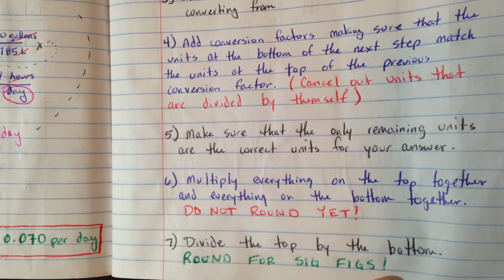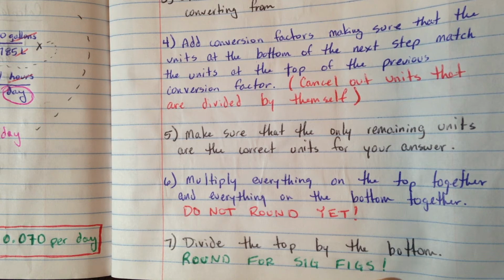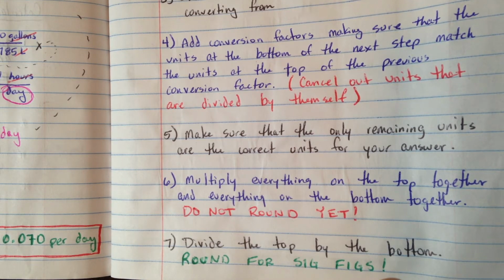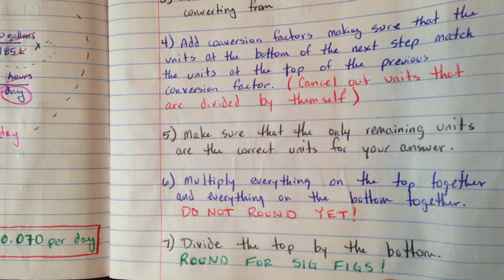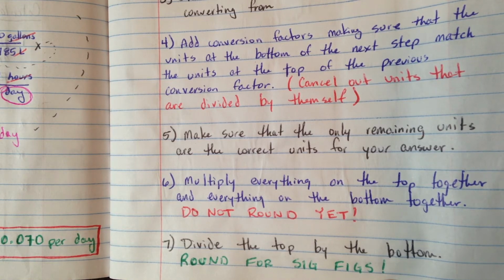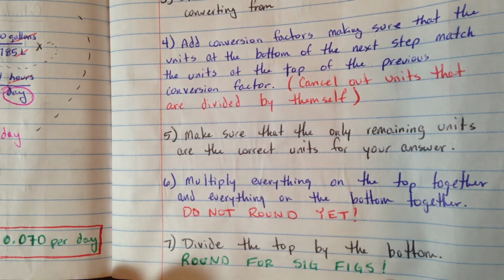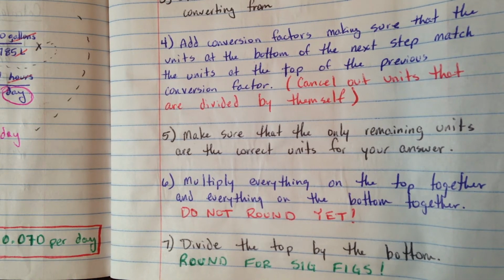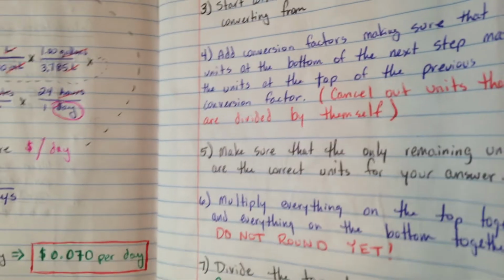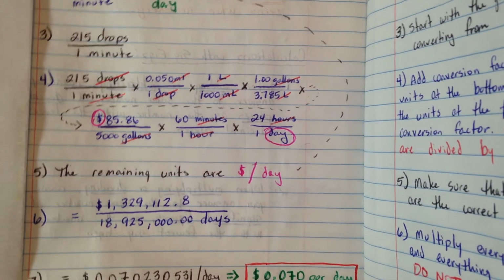In step 6, we're going to multiply everything on the top of the problem and everything on the bottom together. And it's really important that you do not round at this point. Just write the big ugly number that your calculator spits out, but don't round anything at this point. So back to our example in question number 6.